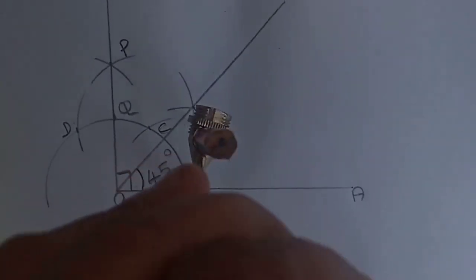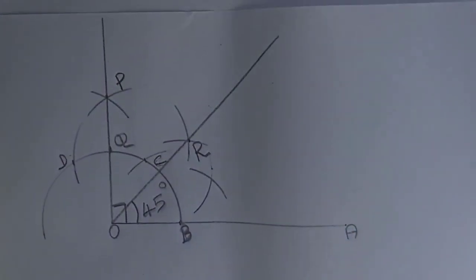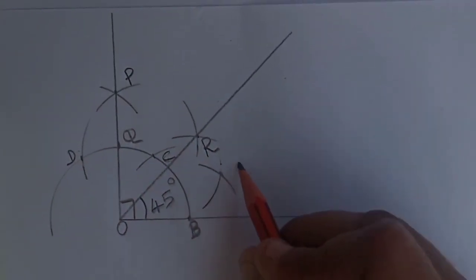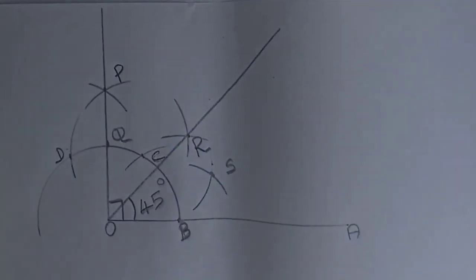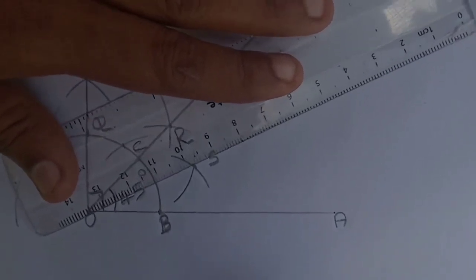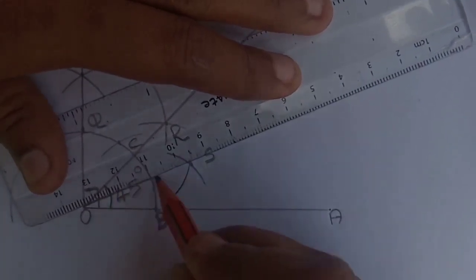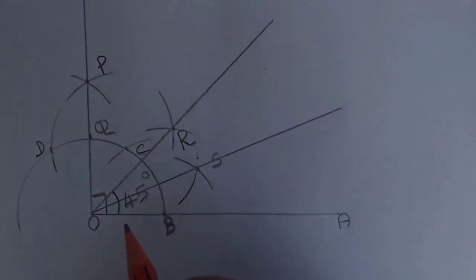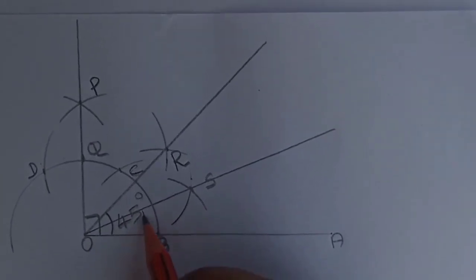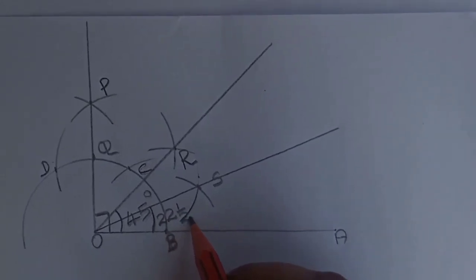For that, take any convenient radius with B as center, draw an arc, and again with C as center, using the same radius, cut the arc and mark the point of intersection of the two arcs as S, and by using your ruler, join the points O and S. Now angle AOS is half of 45 degrees, that is 22.5.